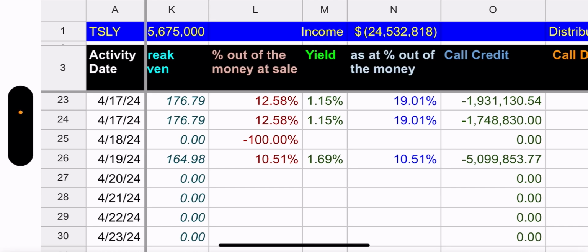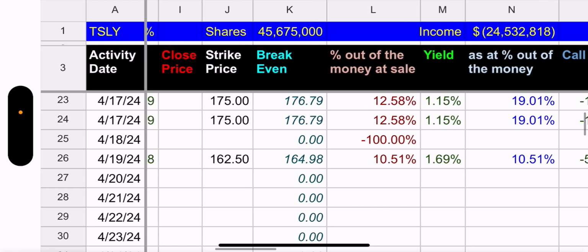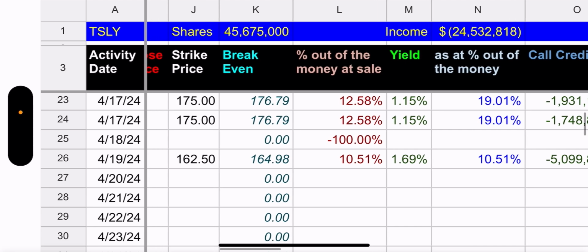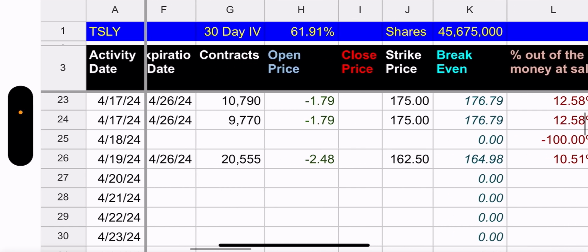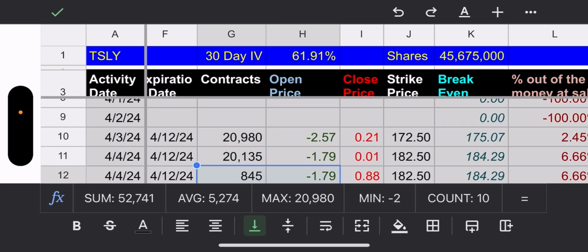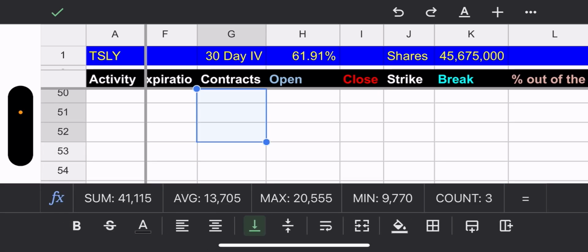So TSLY heading into this week, they have three contracts. However, only 2 strikes. So, they have 175 strike, which is actually 19% out of the money. And how many contracts is that? Well, of course, they broke it down into 2, so I already have to add up some.